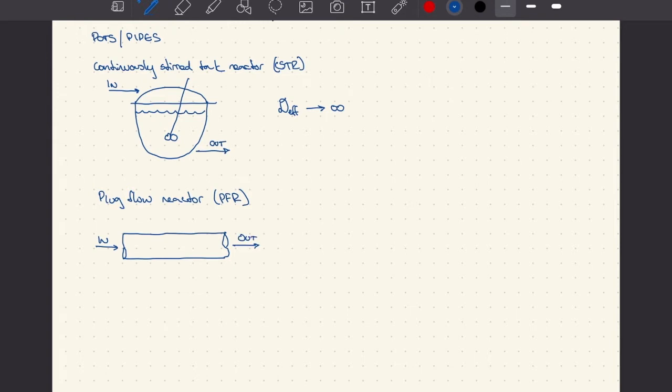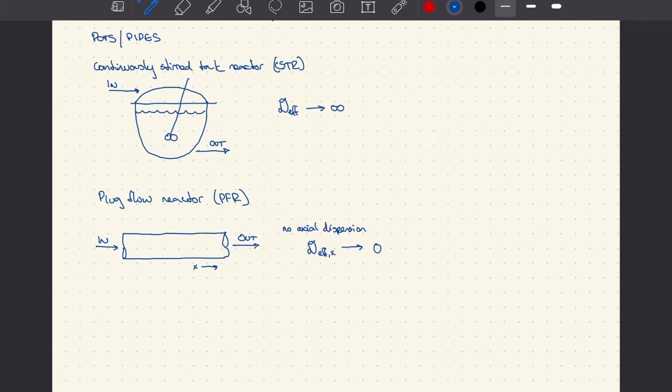But instead of having perfect mixing in this system, we make the assumption of having no axial dispersion. And so if we define a coordinate axis x, this is the same as saying that the dispersion in the x direction, or the diffusion coefficient in the x direction, tends towards 0.